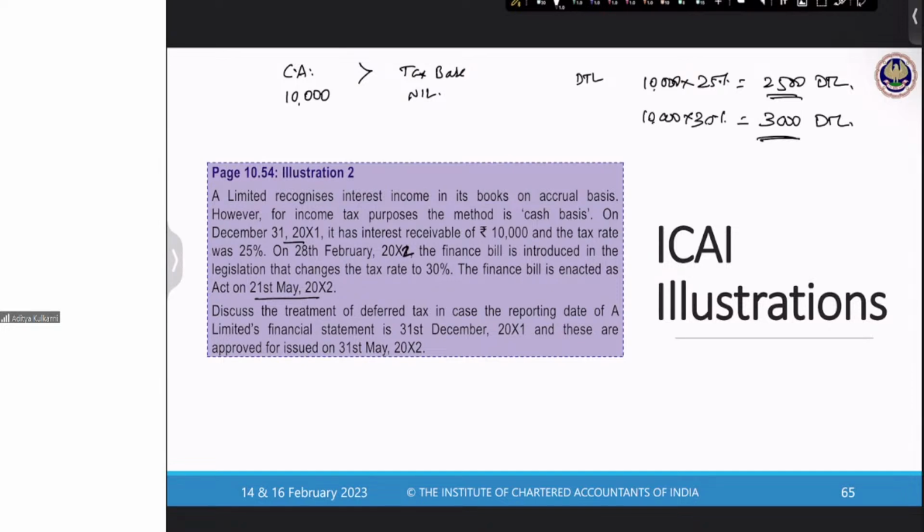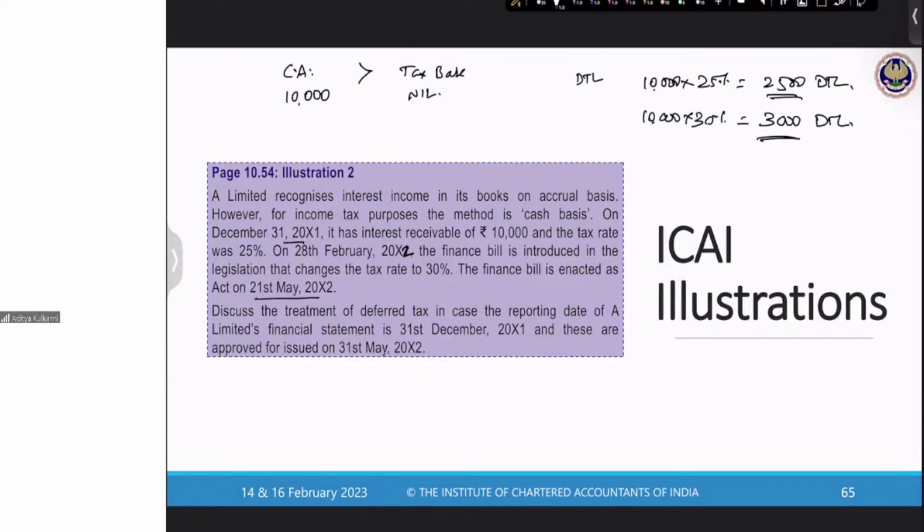Answer is, as on 31st December, did you enact the legislation? Answer is no. Did you have the budget as on 31st December? Answer is no. So neither was it enacted nor was it substantively enacted. So will you change the DTL from 2,500 to 3,000? Answer is no, you will not.